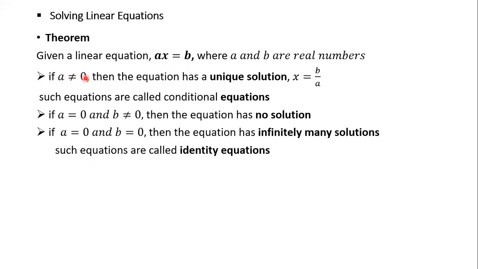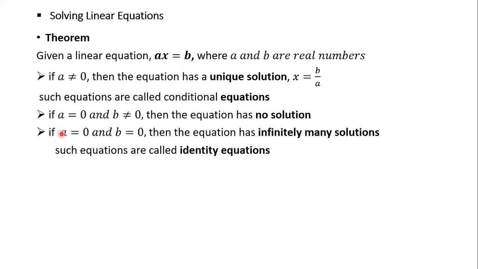But when A equals 0 and B is not equal to 0, whenever you come across such an equation, or maybe you are solving and at a given point you find out that you have one side equal to 0 and the other side equal to a different number, the equation has no solution. At times we say that the question is wrong. Not that the question is wrong, but that the equation has no solution. So that's the second condition.